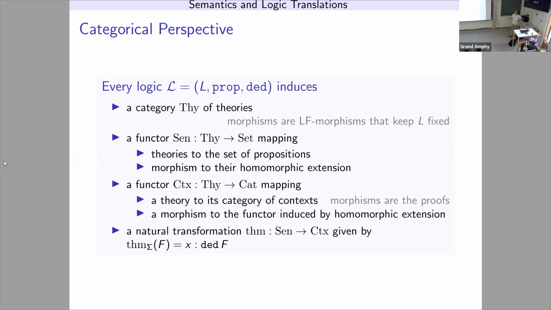Now, given such a logic, we can get a category of theories. The morphisms in this category are just the morphisms between the extensions. So let's say I have a logic L, and I have theories sigma 1 and sigma 2. A morphism between these is now a theory morphism down here, which is the identity on L. So it maps everything of L to itself, and all the non-logical symbols that come from sigma 1 map to whatever we have in sigma 2.